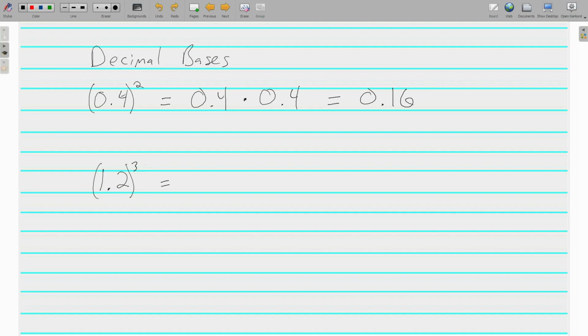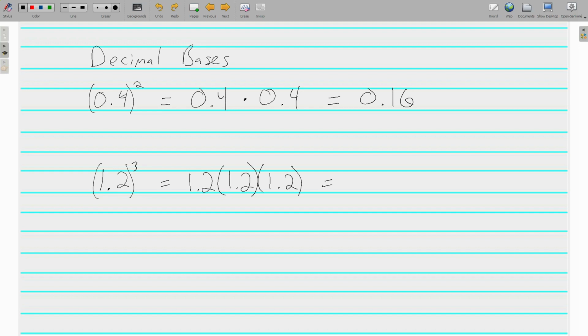Down here, 1.2 to the third power, or 1.2 cubed, is 1.2 times 1.2 times 1.2. One reason I don't like using the dot for the multiply sign is when I'm working with decimals. I just kind of like parentheses. It means the same thing though.